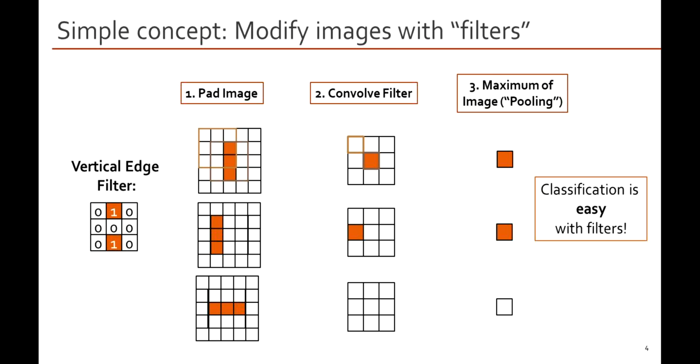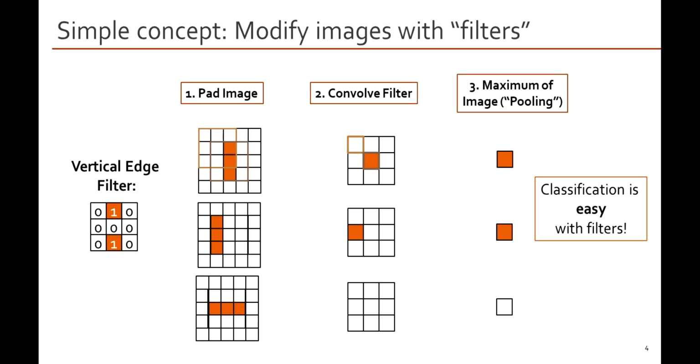If I put it at this top left corner of my image, my only non-zero points line up to blank parts in the image, so my impact is 0. But if I have it in the center, they both line up with a vertical point on either side, and I get a very strong response.